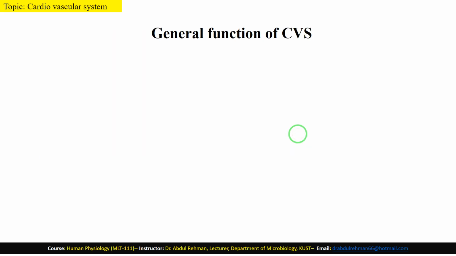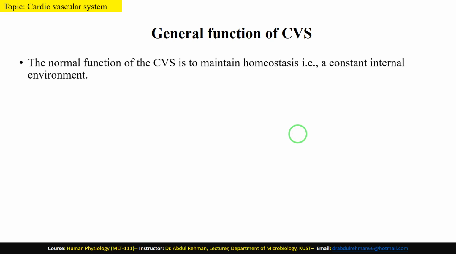General function of the cardiovascular system. The general function of the cardiovascular system is to maintain homeostasis, which is a constant internal environment. What does it mean? Homeostasis is the state of steady internal physical and chemical conditions maintained by living organisms.